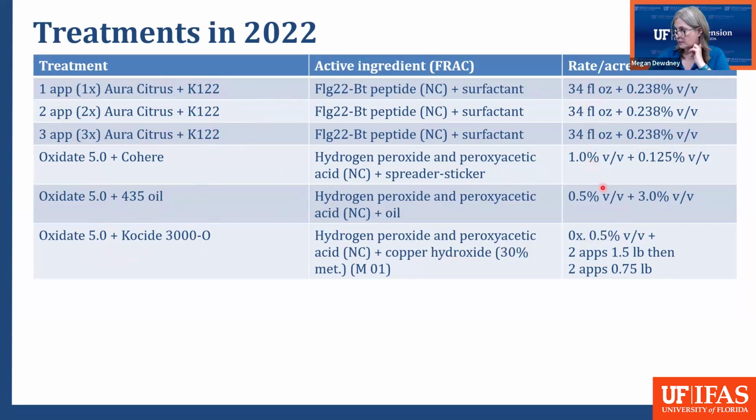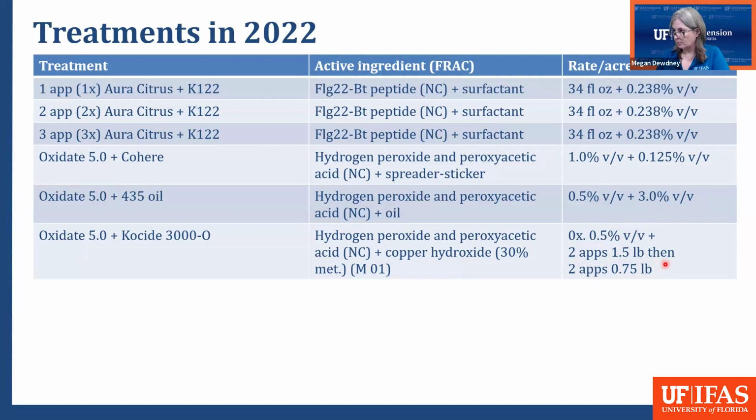So at 1% and 5%, 3% oil, 1.25% of the Cohere. And the Oxidate here was put out at 0.5 volume to volume. And then the copper was put out at 2 applications of 1.5 pounds and then 2 applications of 0.75 pounds.